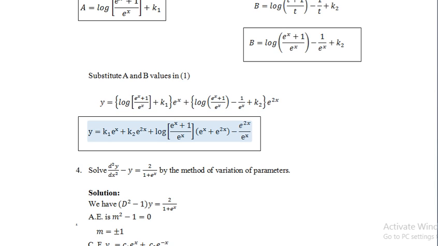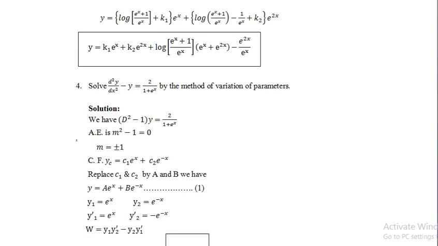So this log function is common. The remaining terms are e raised to x and e to the power 2x, and minus e raised to 2x divided by e raised to x here. So that is the required solution.